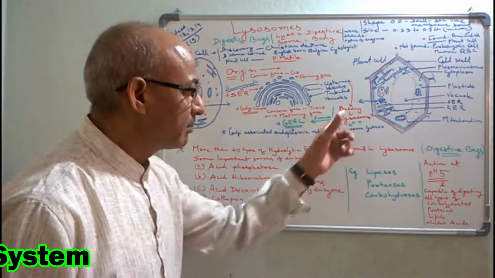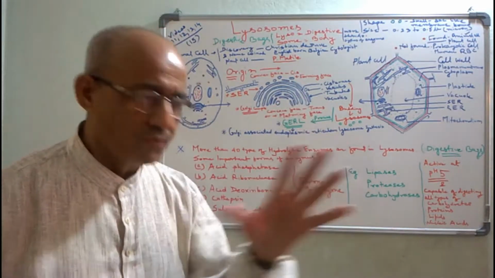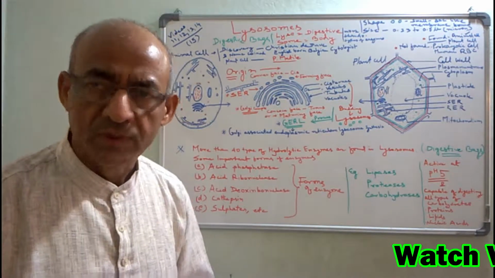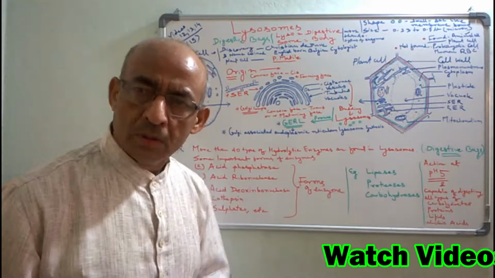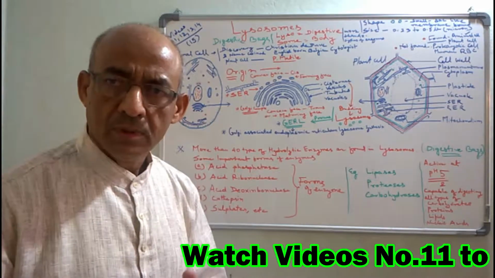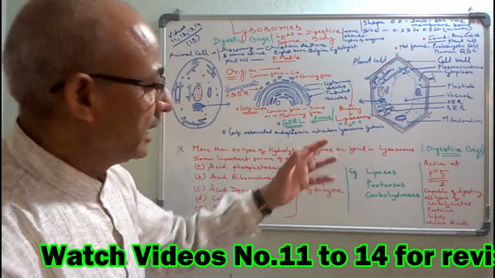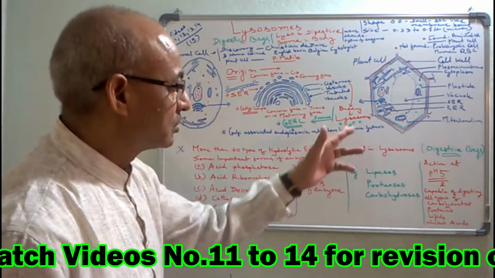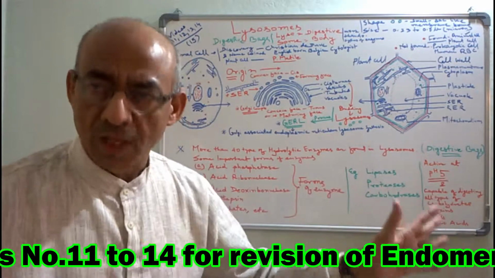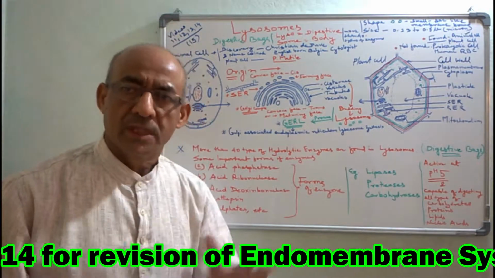There, by the process of budding, the cisternae bud off and leave those modified materials in the form of vesicles, and by this way lysosomes are formed, and then they are scattered in the cytoplasm to different destinations and points.